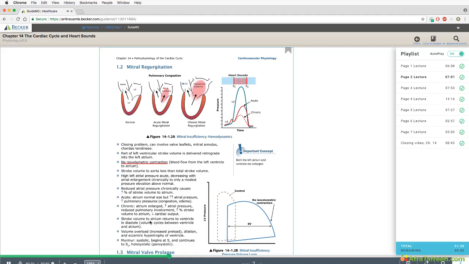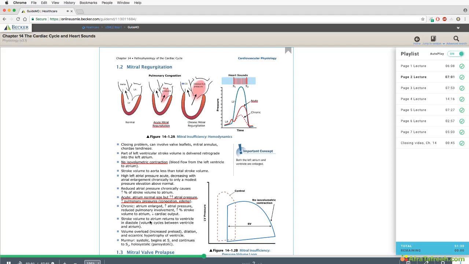If we look at acute insufficiency, when you pump that blood back into the left atrium, the atrium has not had a chance to enlarge. Therefore, a given volume that enters the left atrium will cause a fairly large increase in pressure. So if we look at the cardiac cycle here, this would be acute mitral regurgitation.